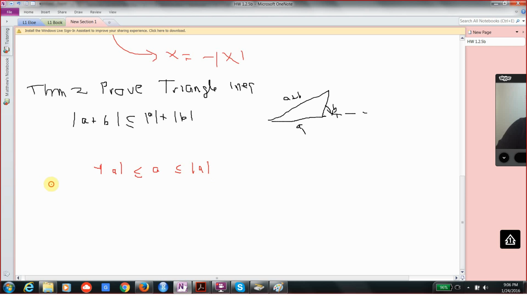We know that the negative of the absolute value of B is less than or equal to B is less than or equal to the absolute value of B. Now, I can add these two inequalities because the directions go the same way. So this is going to be minus the absolute value of A minus the absolute value of B is less than or equal to A plus B.